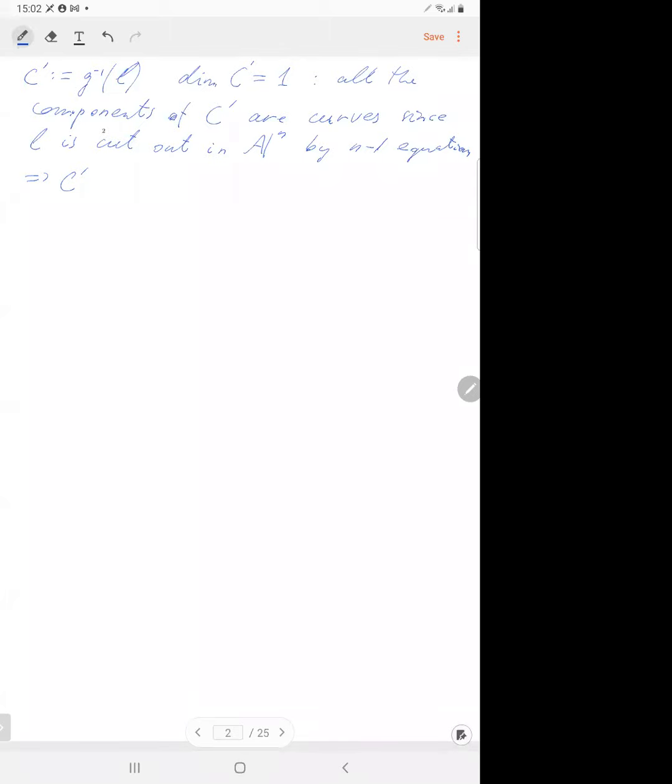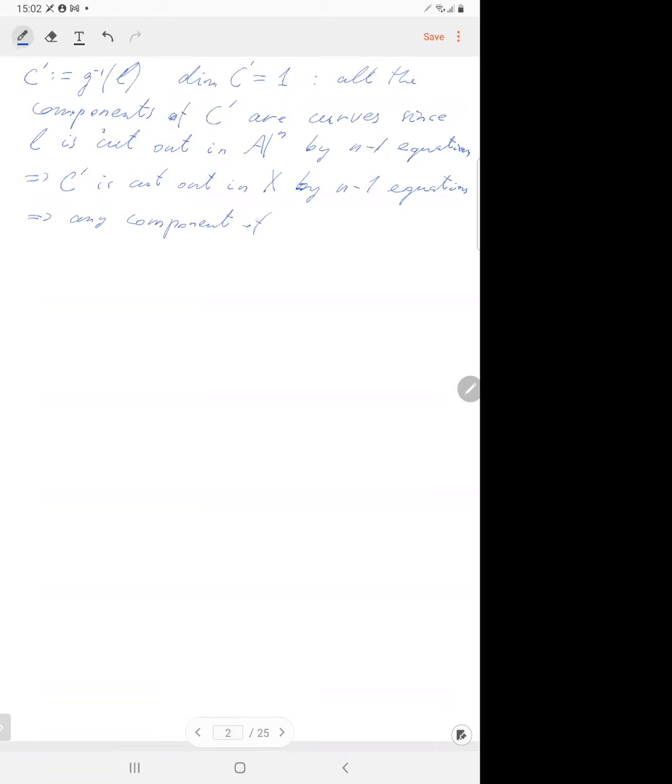Okay, so C prime is cut out in X by n-1 equations, but each equation decreases dimension at most by 1, right? Hence, any component.